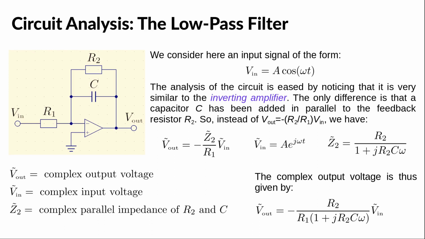Note that all complex quantities here are indicated by a tilde on top of their labels. So Z2 is obtained by taking the product of the R2 and C's impedances divided by their sum. As a result, we find that the complex output voltage is minus R2 over R1 times 1 plus jR2C omega times the complex input voltage.